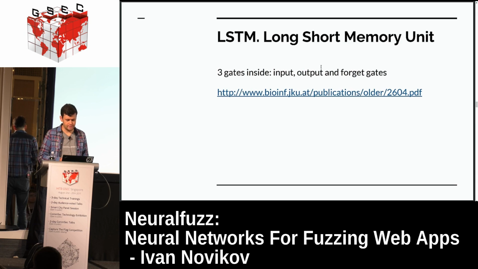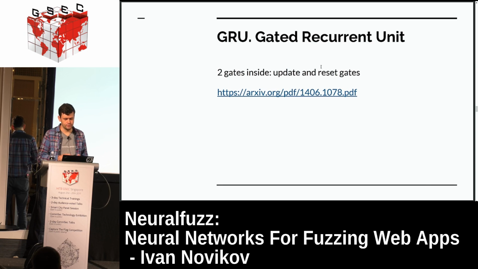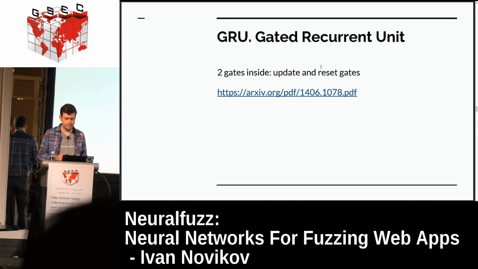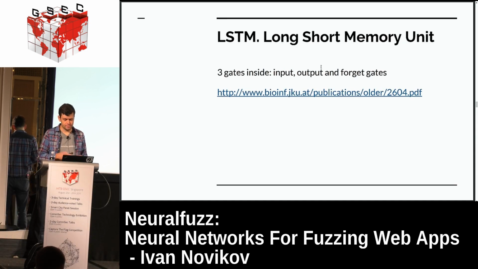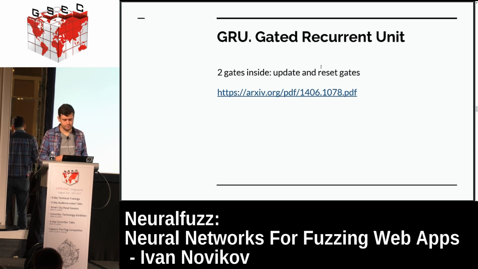We should reinvent the structure a little bit with 2 different gates, and apply new training techniques to be able to train these things. But GRU is a kind of LSTM with 2 gates. We have update and reset gates here. The reset gate is kind of a forget gate, and the update gate is something between input and output gate. It is faster, and the quality of results is almost the same as LSTM.